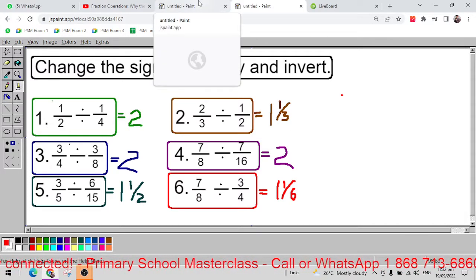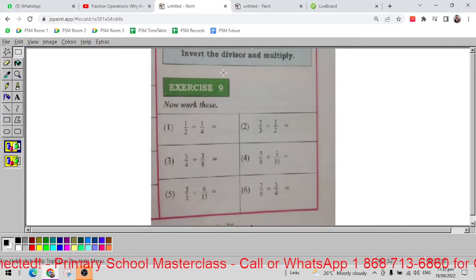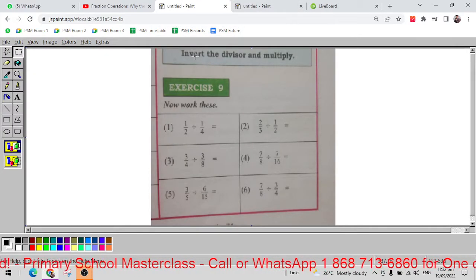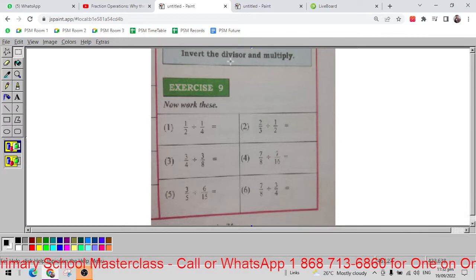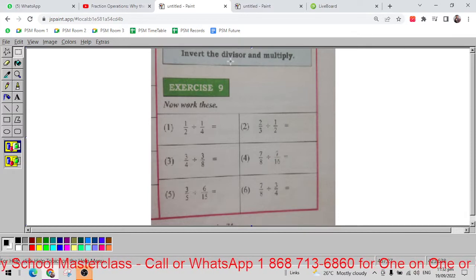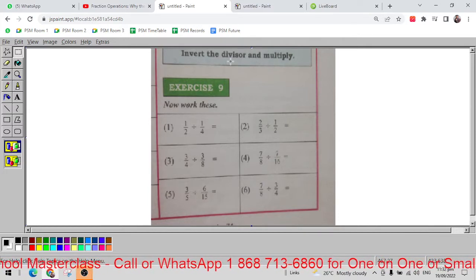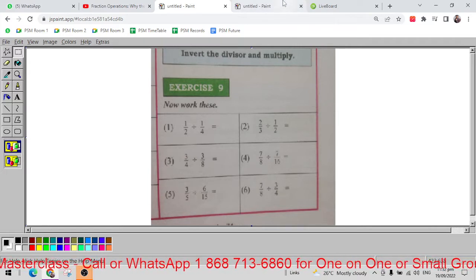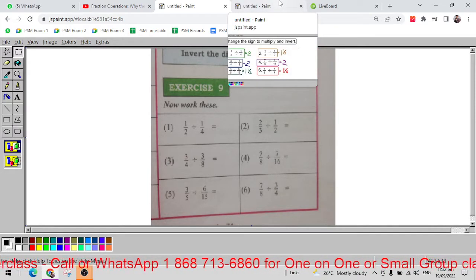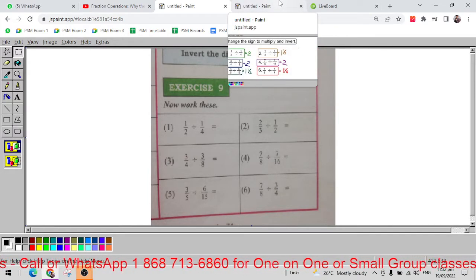Like I said, some textbooks and some schools say different things. Some of them might say invert the divisor and multiply. So different schools say different things, but this is really a helpful way to do it. Sometimes you will see this in an exam.